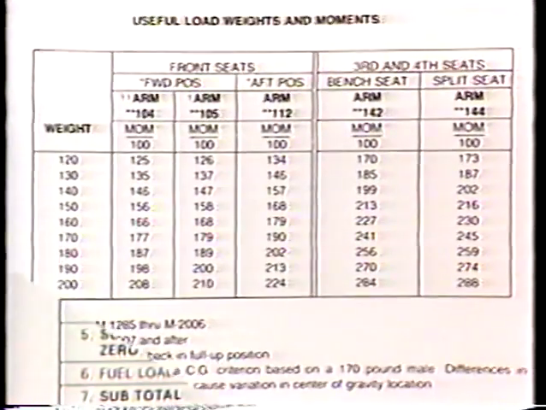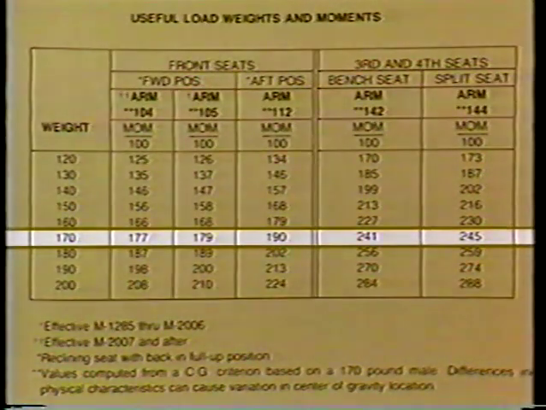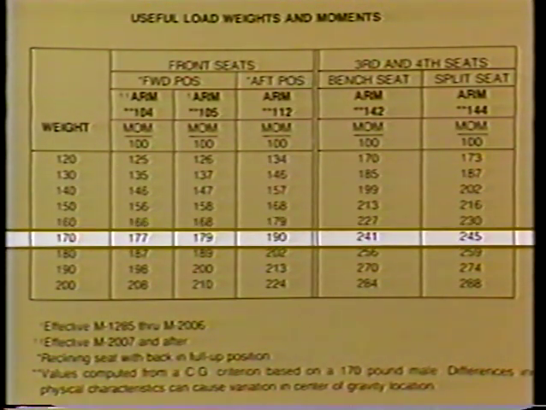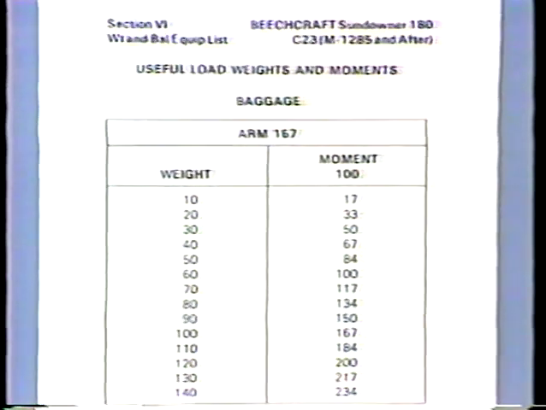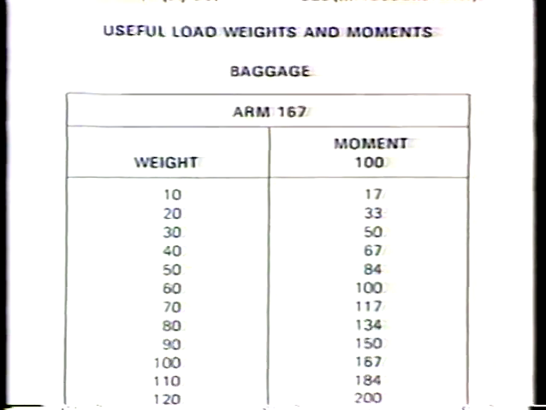The occupants table gives us moments for all people on board. The front seat occupants at 170 pounds each, with the seats in the aft position, have a moment of 190, or a total of 380. The rear seat occupants at 160 pounds each, on split seats, have a moment of 230 each, or a 460 total. The baggage table lists the moments for baggage.